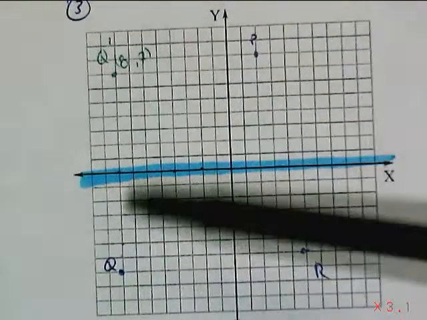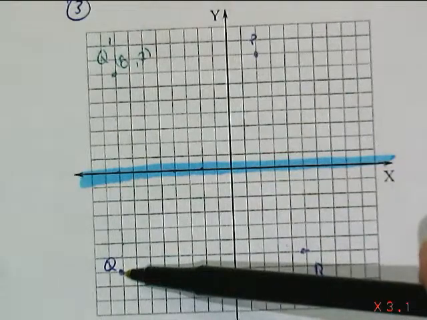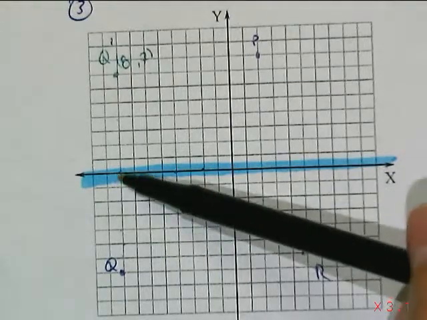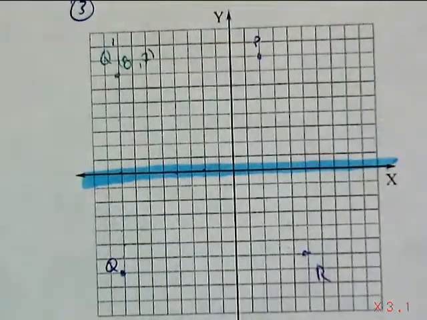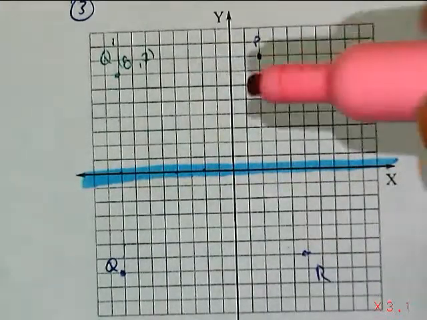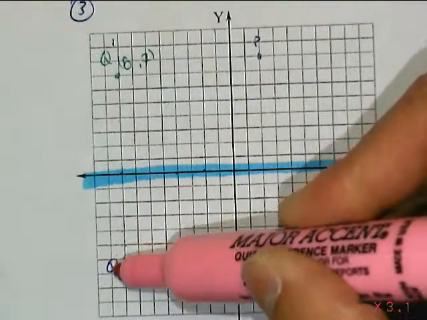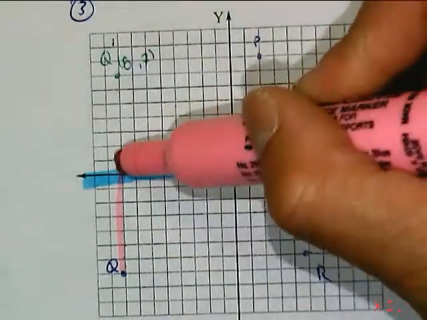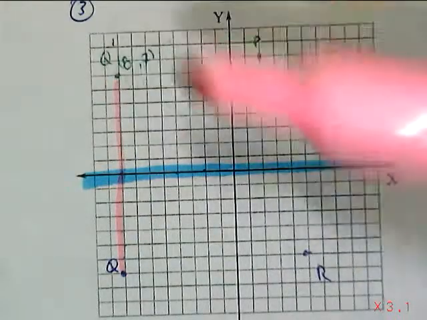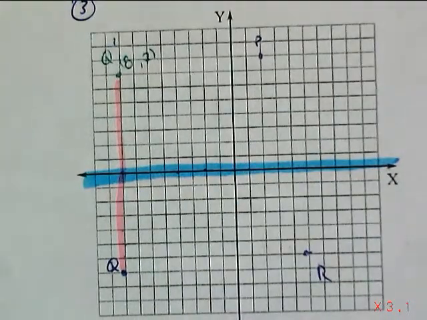For example, look at Q. Q has the coordinates -8, so left 8, down 7. So I'm just going to count there. So that is 7 going to that blue line, which means you count 7 past it. That means Q prime will give you the coordinates 8, 7.